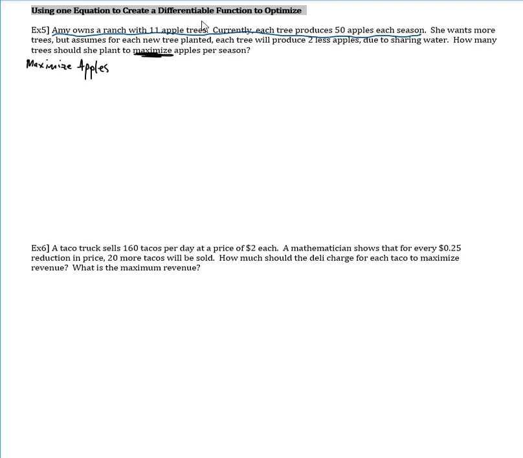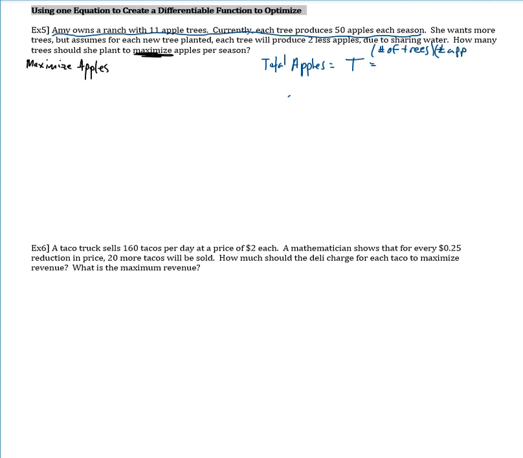If she has 11 apple trees and each tree produces 50 apples, then let's create a total apples equation. We'll say total apples, which I'm going to call capital T for total, is the number of trees times the number of apples per tree.